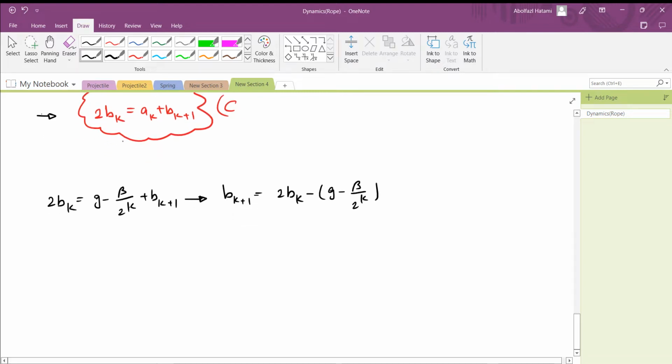Okay, how can we obtain b of k as a function of k? I don't want to have b of k on the right side. I want to obtain something where I can see just k on the right side of the equation.